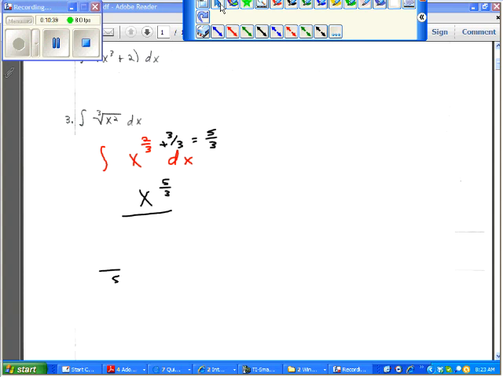Now, I'm just going to write this here. When you divide by a fraction, what do you really do? Multiply by the reciprocal, so it's really going to look like that, right? When you divide by 5/3, you're really multiplying by 3/5. And then we need some constant c.